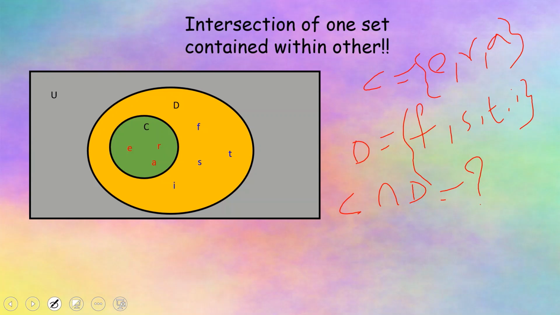Yes, when you notice something over here, you can see that your C is a subset of D, as it is contained in the other.